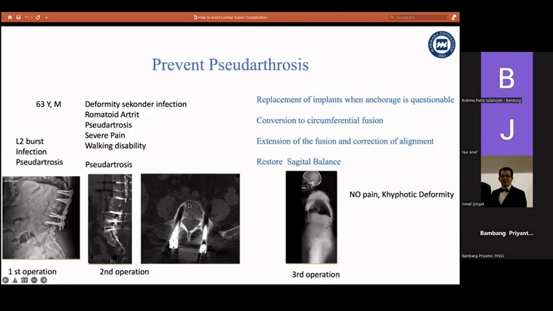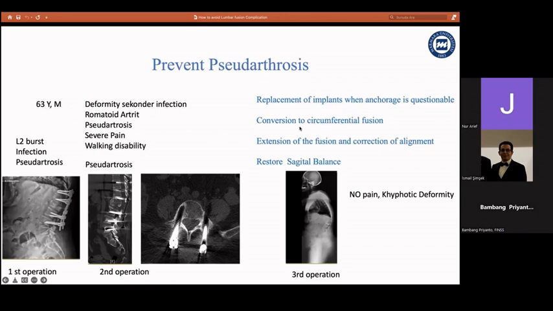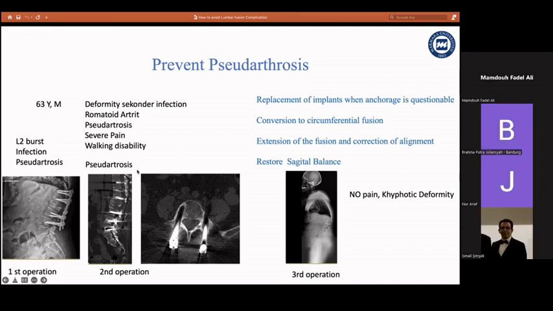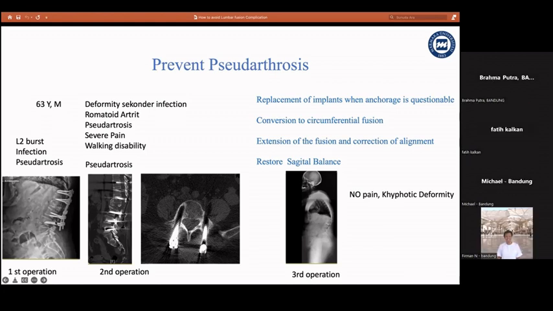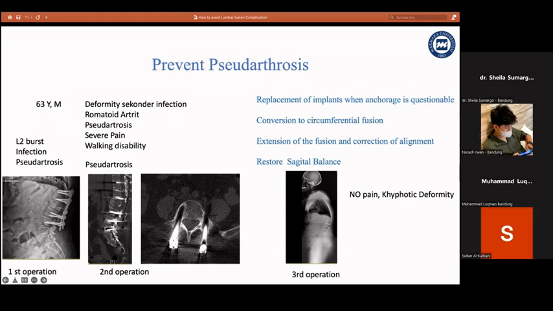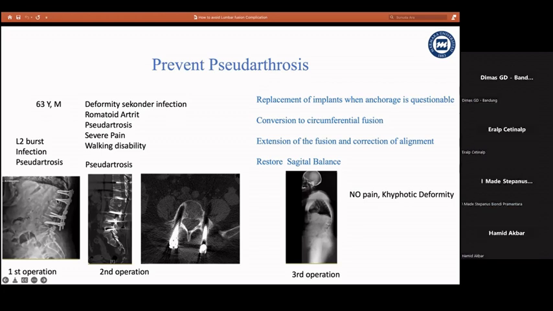The other ways to prevent non-union are replacement of implants when encouraged, which is questionable, conversion to circumferential fusion, extension of fusion, correction of alignment, and restoring sagittal balance. For example, this patient has an L2 fracture and was operated like that, but she has a kyphosis here.